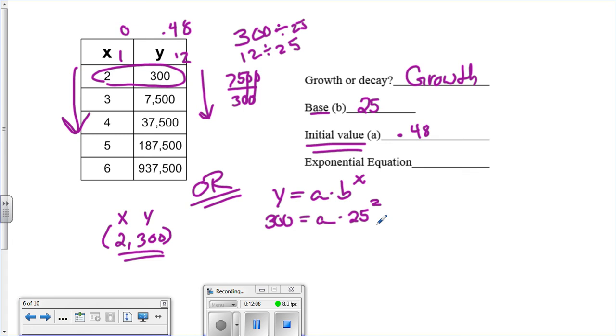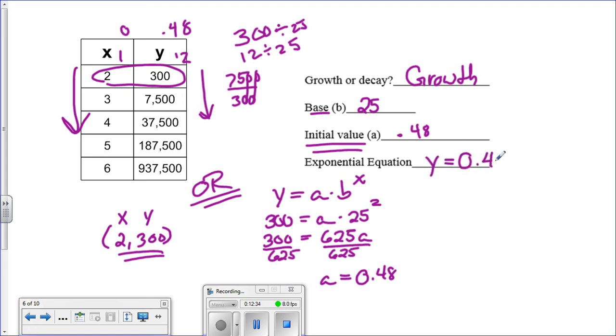So I'm just going to solve. So 300 is equal to 625a. To solve for a, I'm going to divide both sides by 625. And good thing I have my calculator. I'm going to do 300 divided by 625, and guess what? A is equal to 0.48. So my equation is y is equal to 0.48 times 25 to the x power.